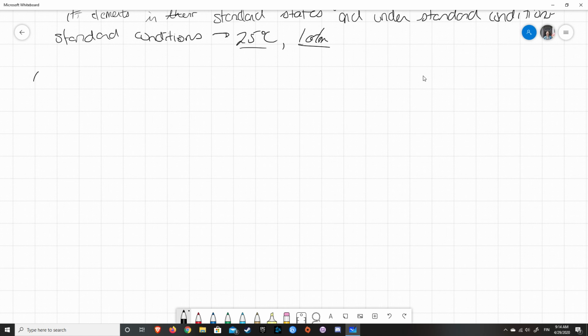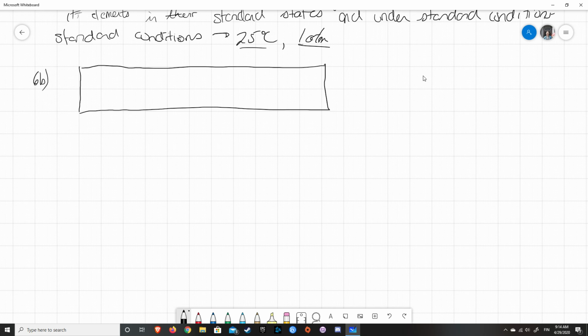So now let's go to 6b. The question gives you a table. Just give me a second to draw it out. I'll be quiet for a second while I draw this out.